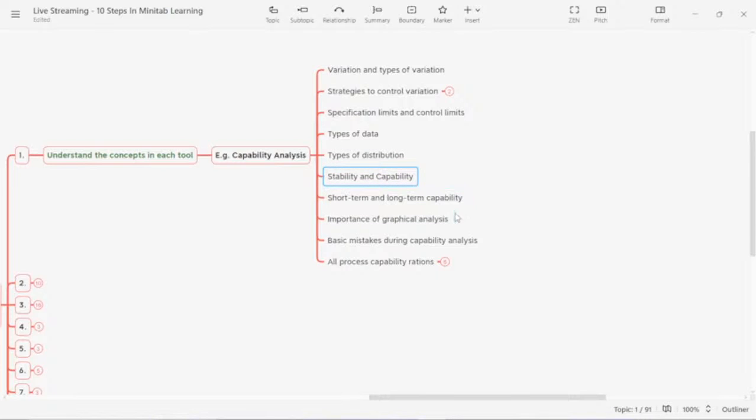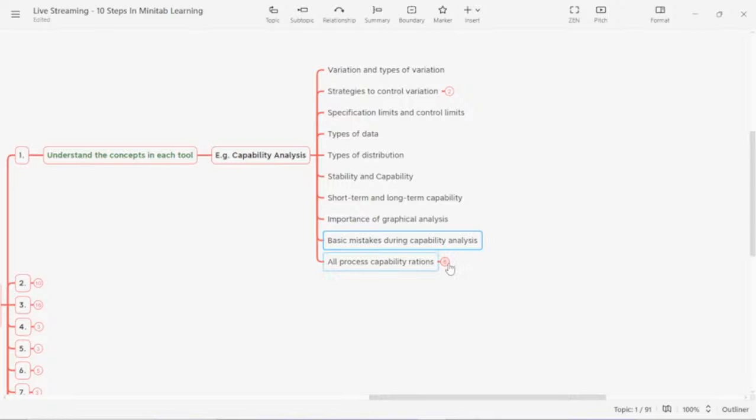Short-term and long-term capability is also very important to understand, because the difference is that we are going to consider the short-term and long-term standard deviation in this case. If you want to go into the detail of understanding capability analysis, these basic concepts must be clear to you. What is the importance of graphical analysis? What are the basic mistakes that we make during the interpretation of capability analysis? That's everything you must know.